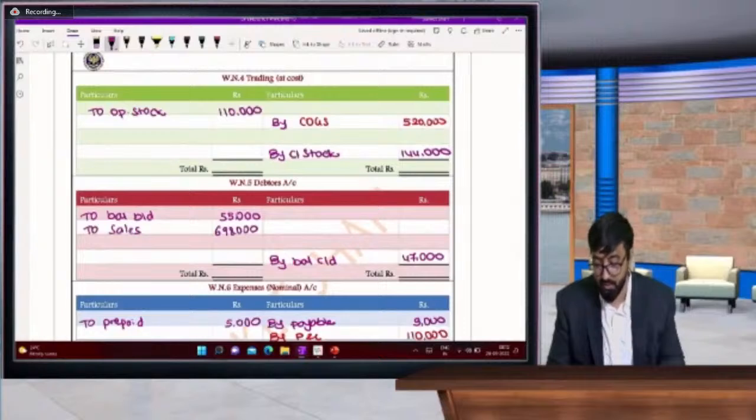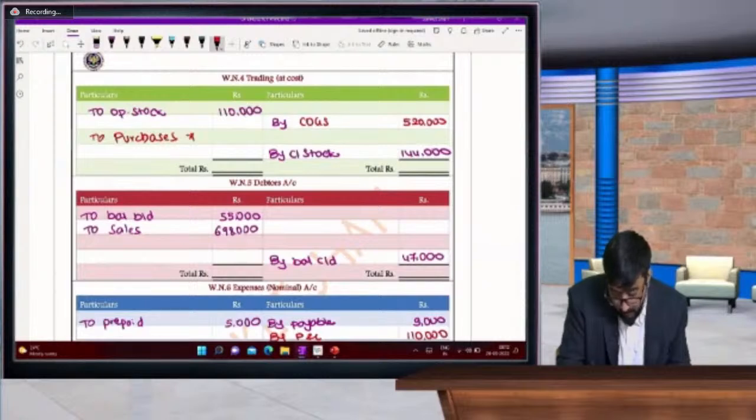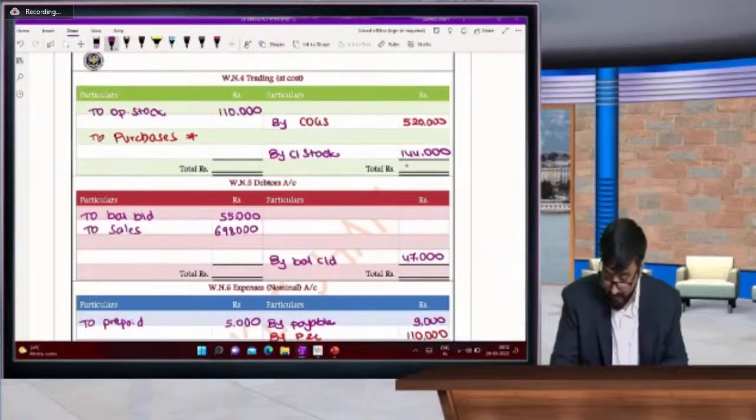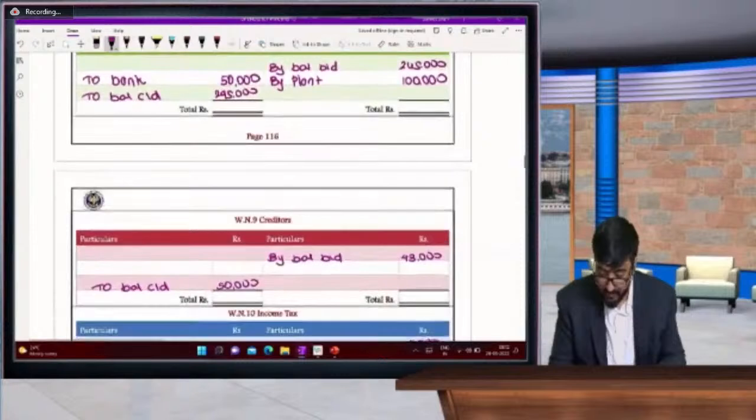Trading account balancing figure, red pen. To purchases, balancing figure 520 plus 144, this is 6,64,000. 664 minus 110 is 5,54,000. And purchases, creditors account credit.